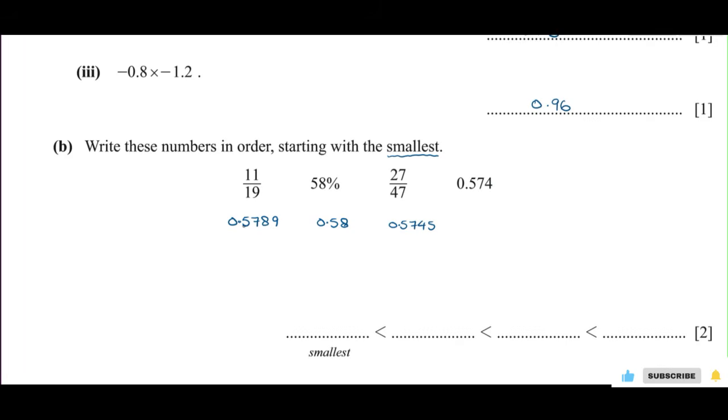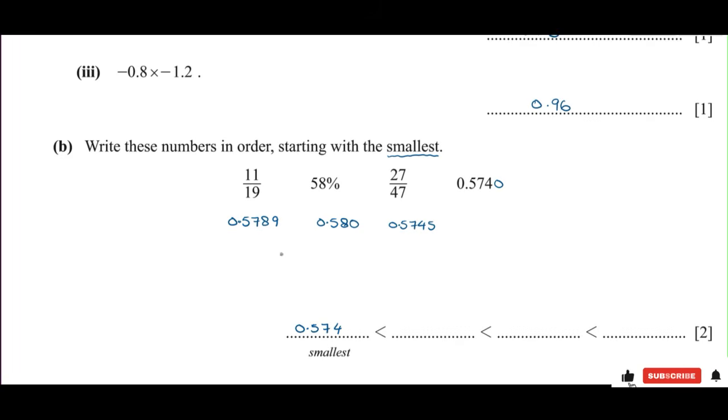So which one? 0.5789, 0.5745. This one is the smallest.